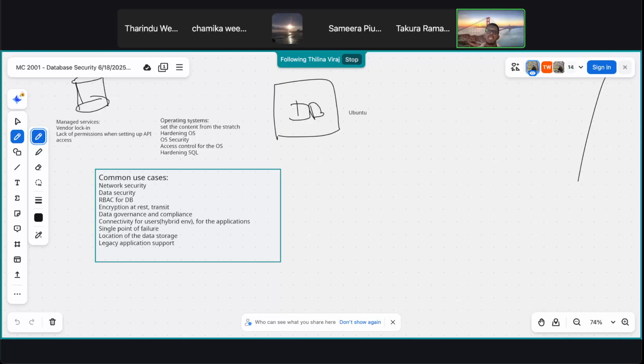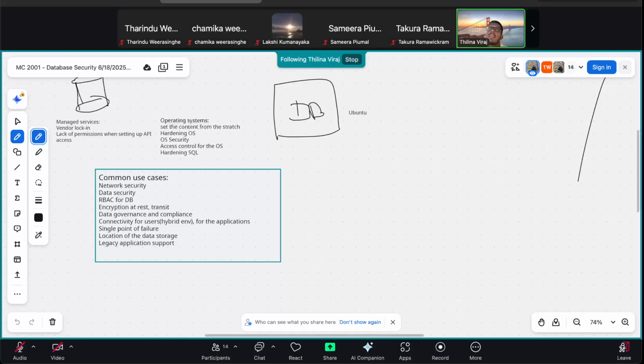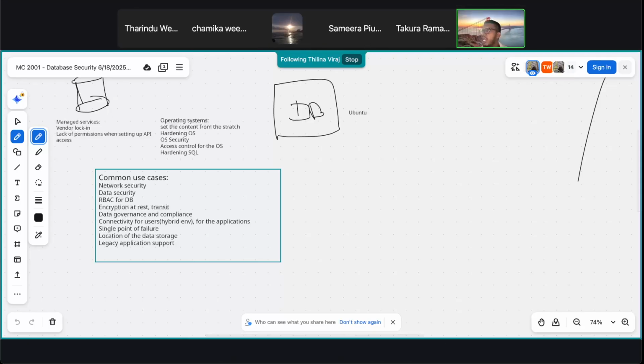These are legacy applications, which from my definition are old applications, and those do not have much support. Imagine the databases are using older versions of SQL, like that.